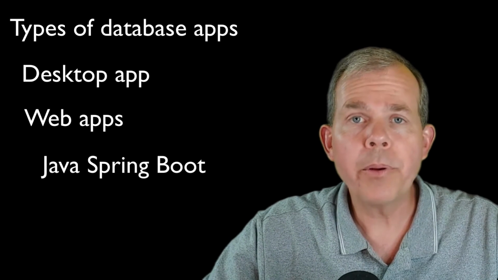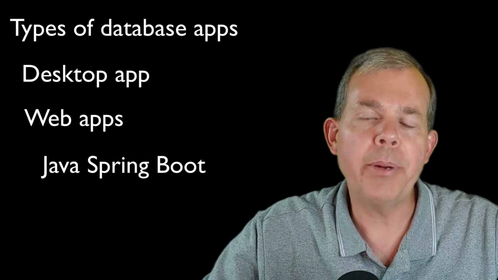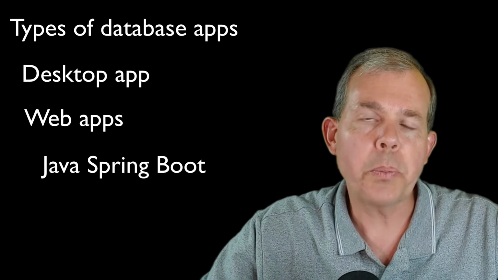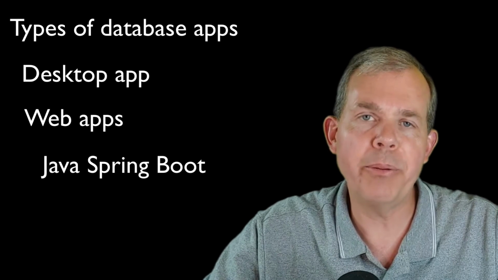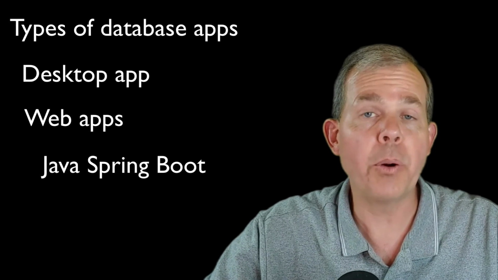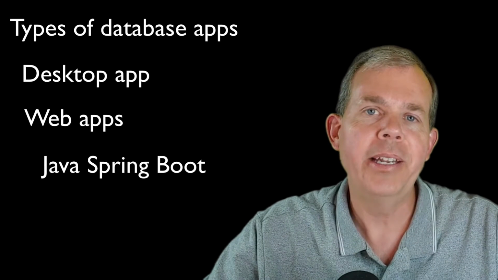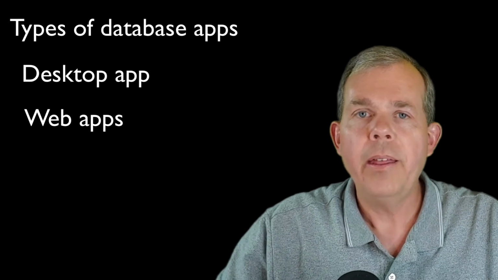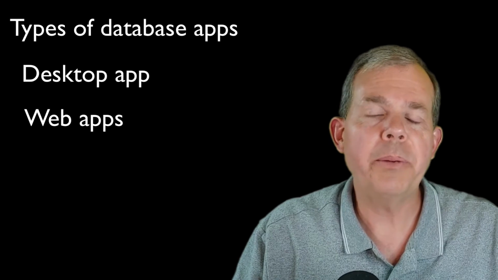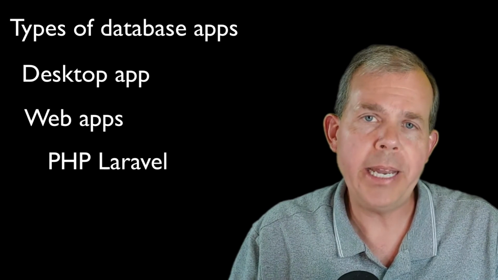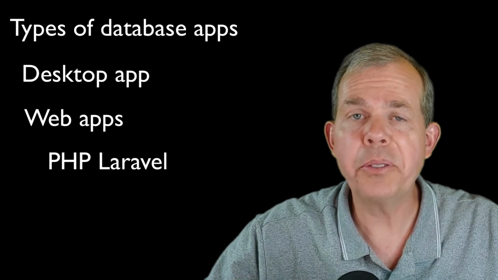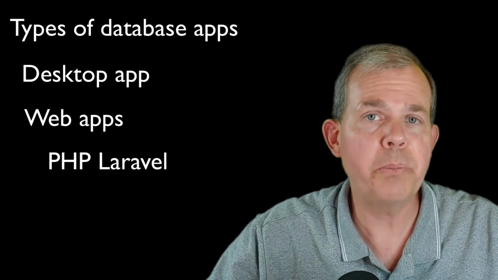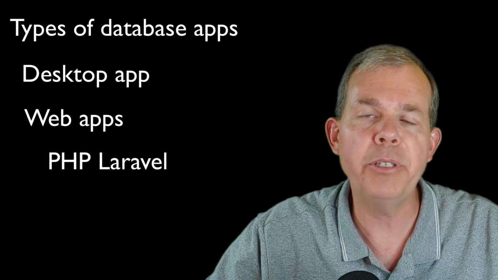An even more popular way to create websites with a common language is Java. Spring Boot is the keyword you should be looking for when you're looking for frameworks on how to build websites with Java, and of course, I have a tutorial for how to build a Java web application. Another very popular choice for building websites is the language PHP. As a matter of fact, the application that you see in this tutorial is MAMP, which includes PHP as its default language interpreter.